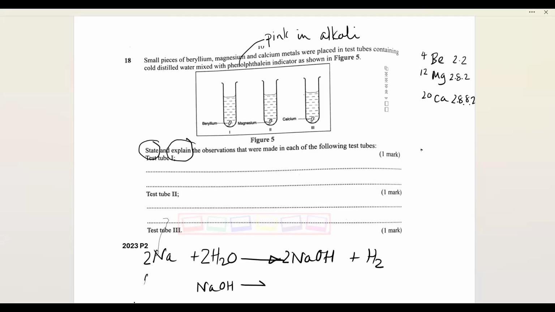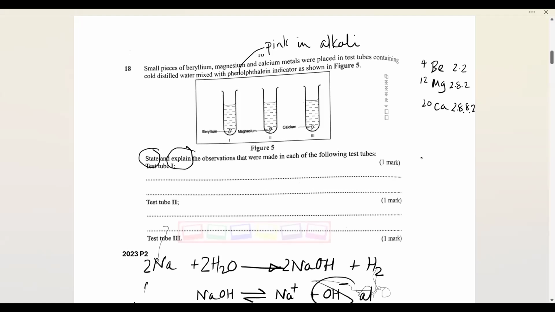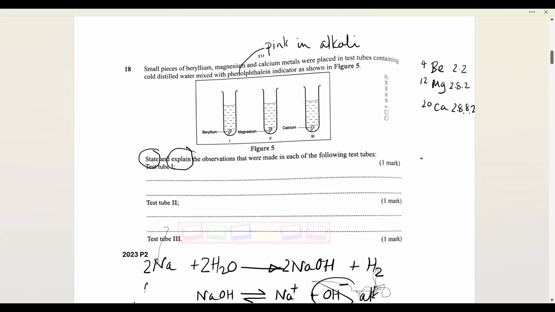The NaOH splits up to form Na plus and OH minus, and this is the alkali. Sorry about the mess. So the OH minus is the alkali. And the same sort of thing happens with group 2.